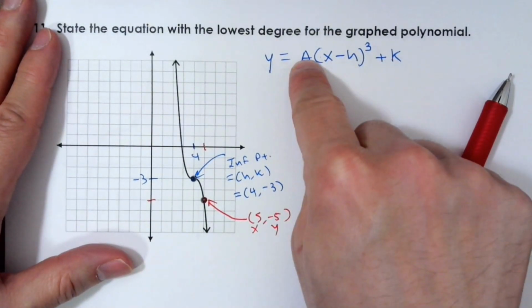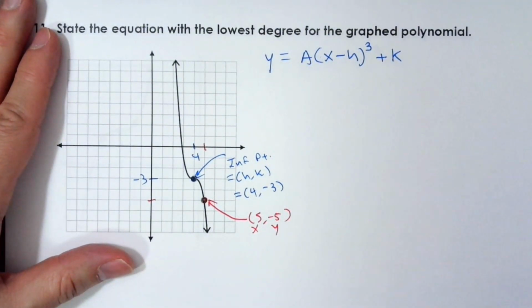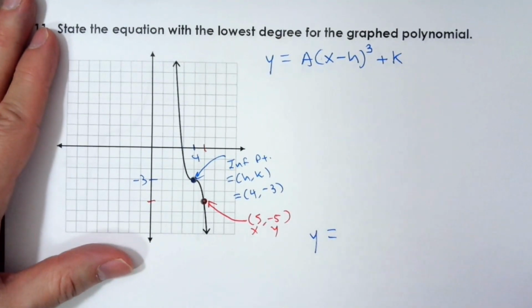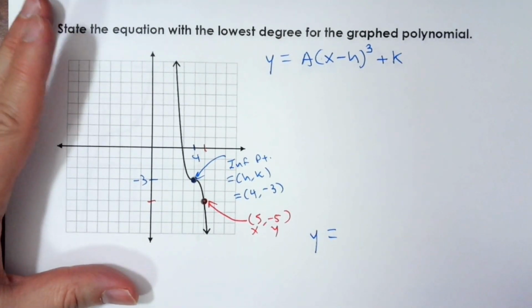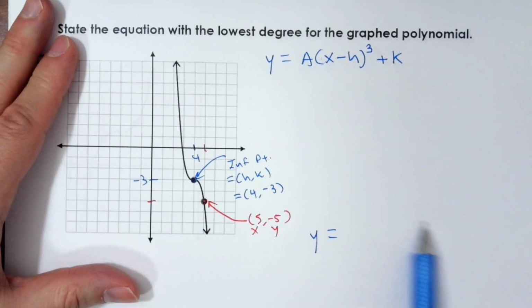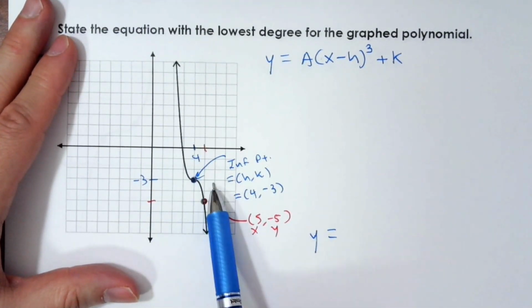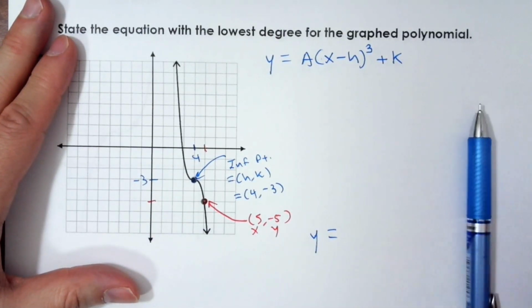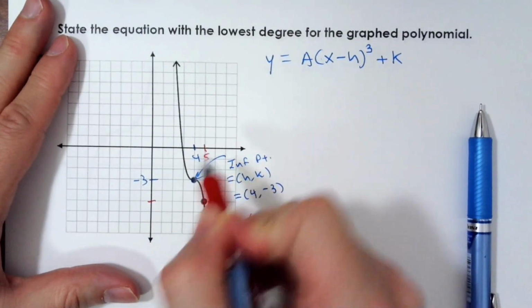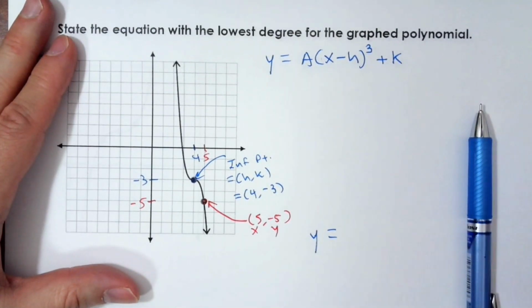We solve for capital A, and then at the very end, we write our final equation and box it and call it a day. And then we can always check if this is the correct equation by substituting in x equals 4 and x equals 5 and make sure we get the correct y values of -3 and -5.